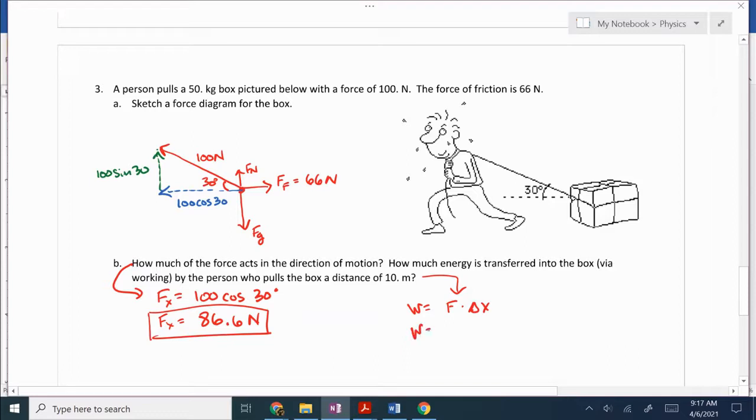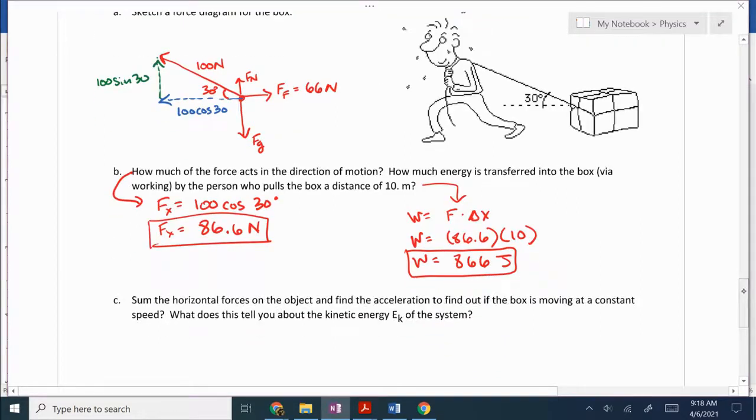So work is equal to 86.6 times 10 meters. It's 866 joules of energy. All right, so that means we have put in 866 joules worth of energy.